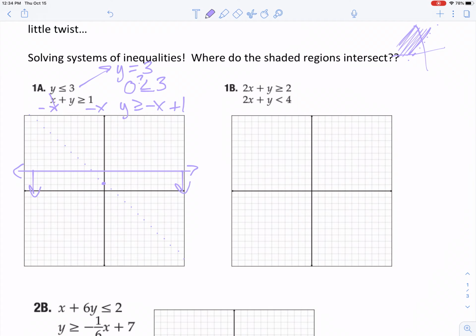There. And is it solid or dashed? It is solid, extra ink, and so now I can draw a line like so.